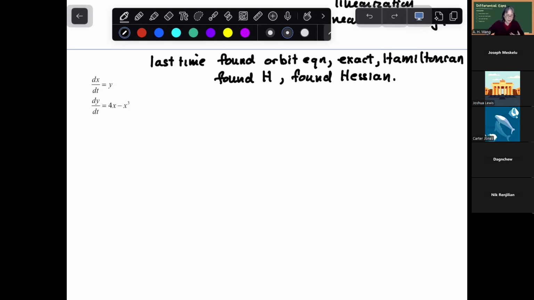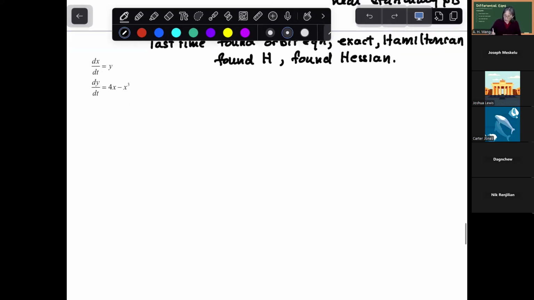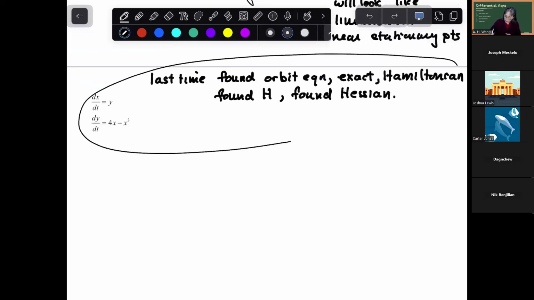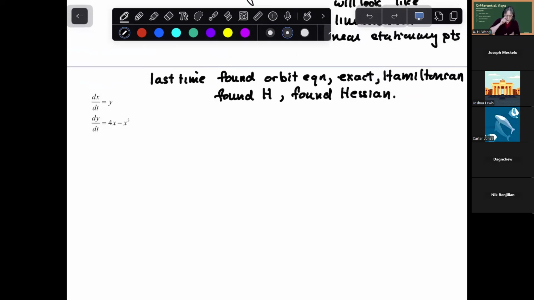It makes the picture look nicer. You may want to find the Hessian and do all of that if it's conservative, but you can use the Jacobian to get more detail, to get the eigenvector lines. So let's go ahead and do this one. Remember, it's always good to label.